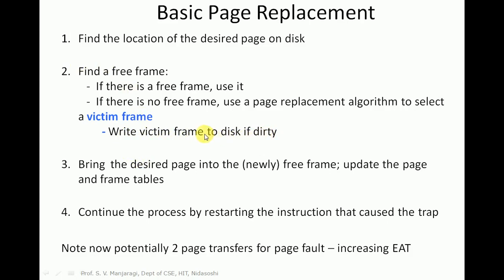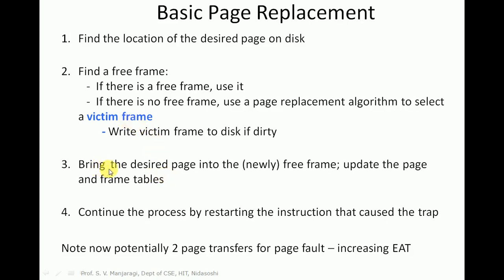As already explained, a dirty bit is used for each and every page mapped to a frame. If a particular frame is marked as dirty, it means the contents of that page have been modified by the process and its usage has been done already. So that particular page can be transferred to the disk. That is called the victim frame.